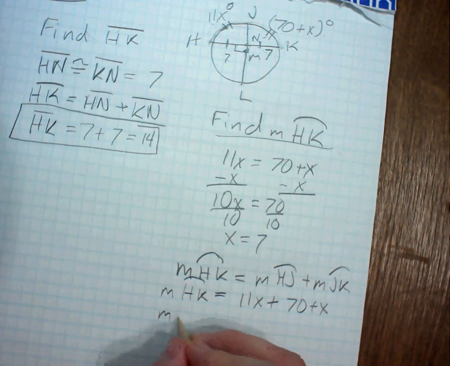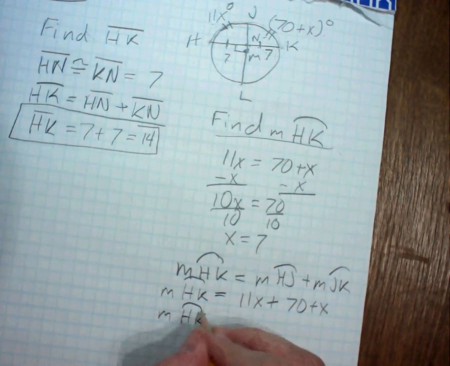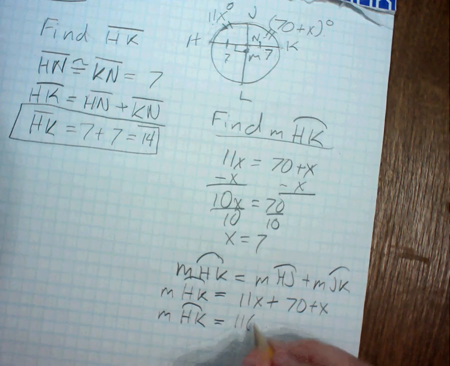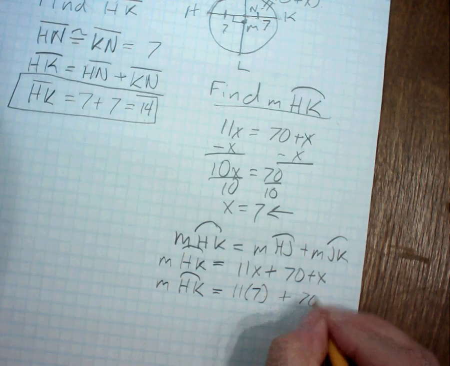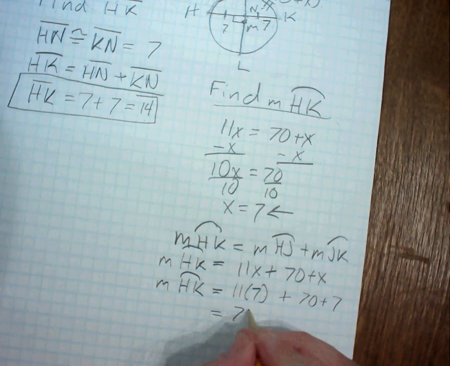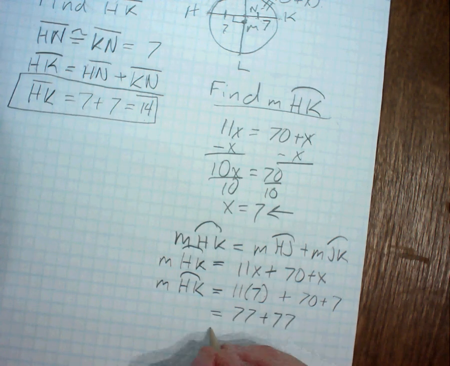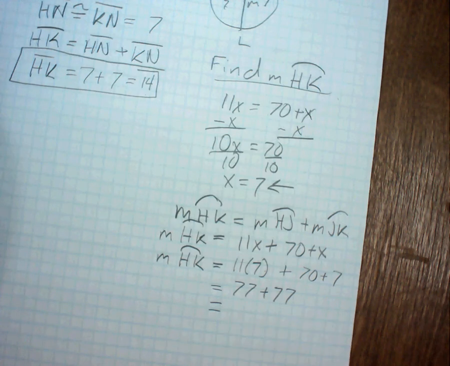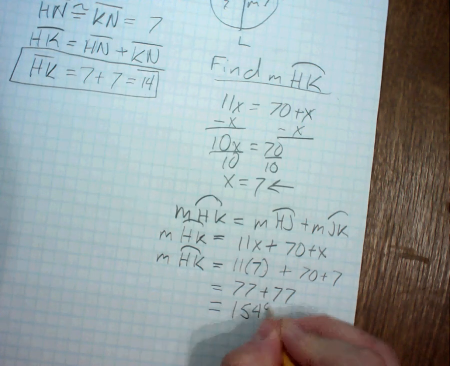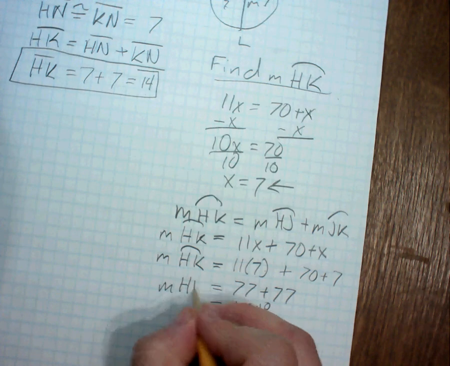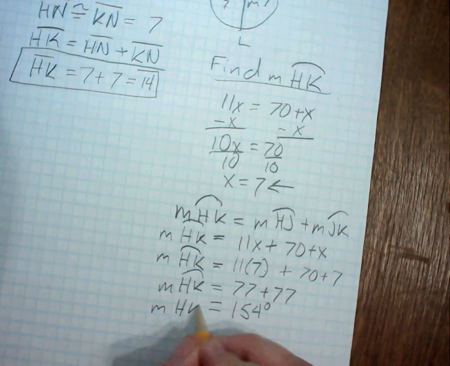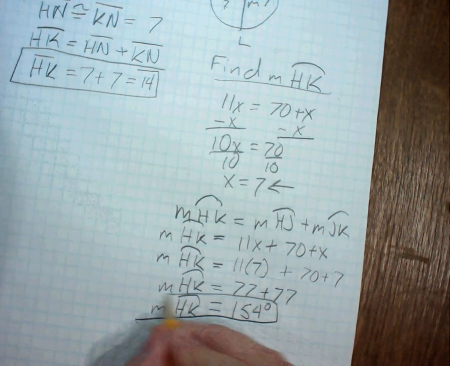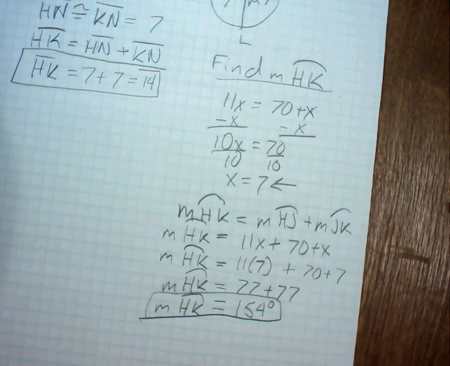So then the measure of arc HK is equal to 11 times 7, because we said that x equals 7, plus 70 plus 7. So that's equal to 77 plus 77, which is equal to 154 degrees. So the measure of arc HK is 154 degrees. Okay? And that's it.